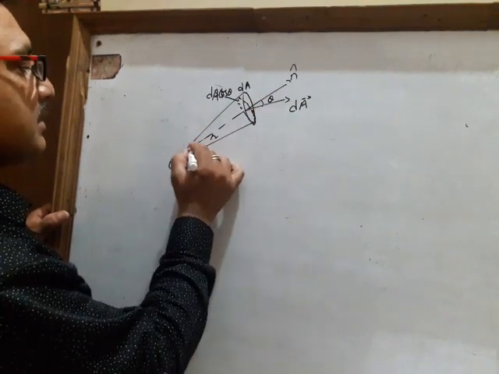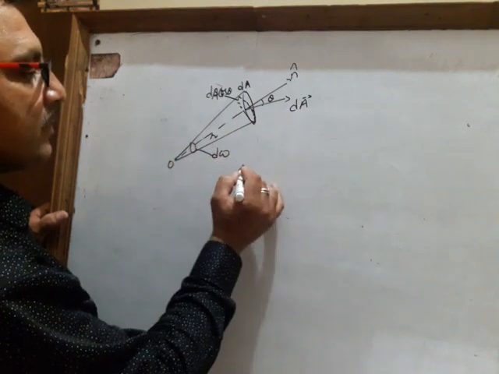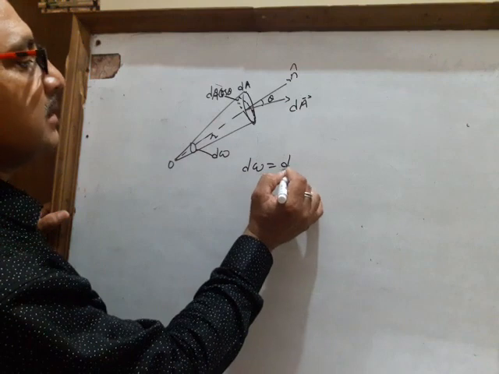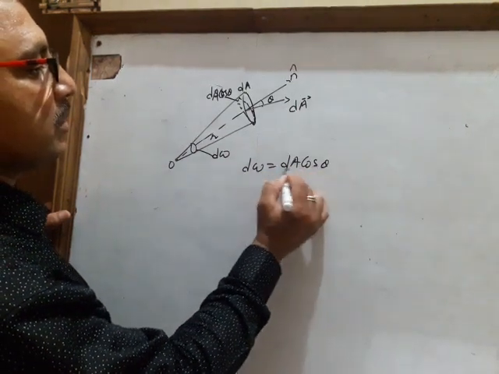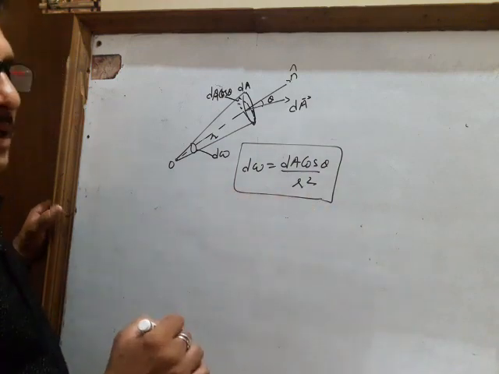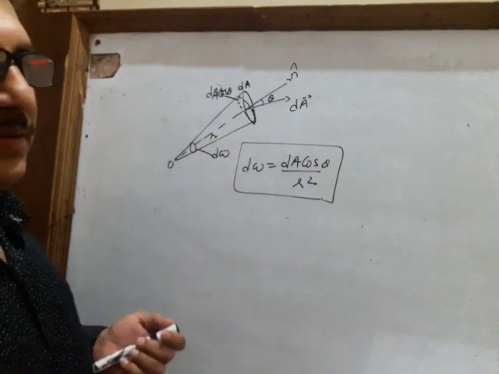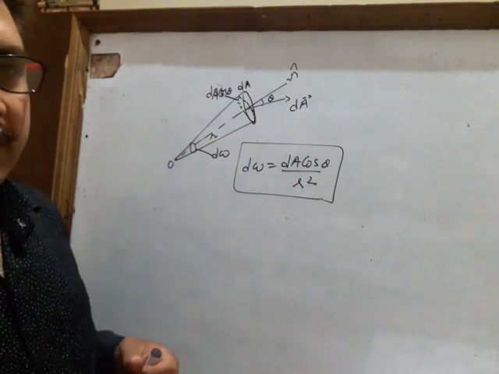So in this case, the solid angle d omega is dA cos theta upon r square. So this is the formula which you will have to remember, because we have to deal with the derivations which are going to come after this.